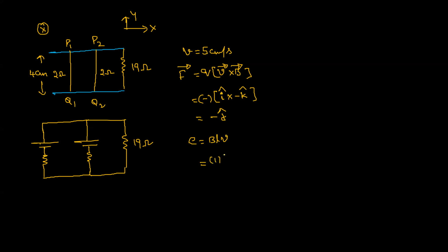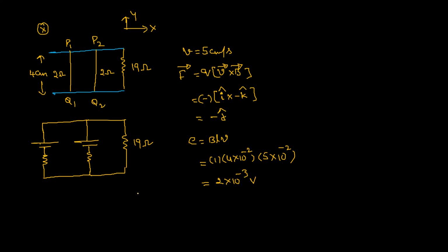B is given as 1, L is 4 times 10 power minus 2 after converting into meter, and velocity is 5 centimeter per second. So 4 times 5 is 20, so 2 times 10 power minus 3 volt, right?